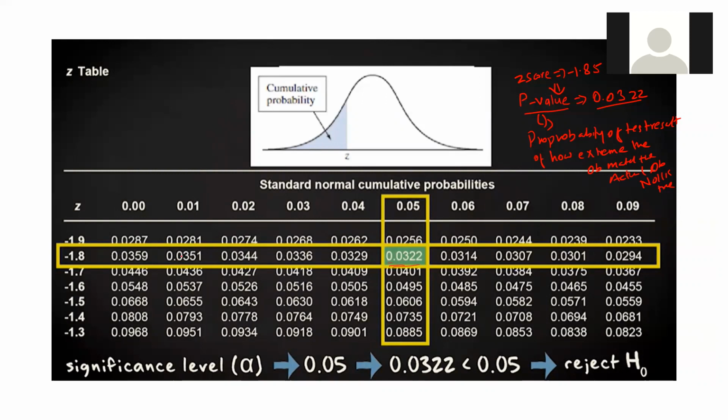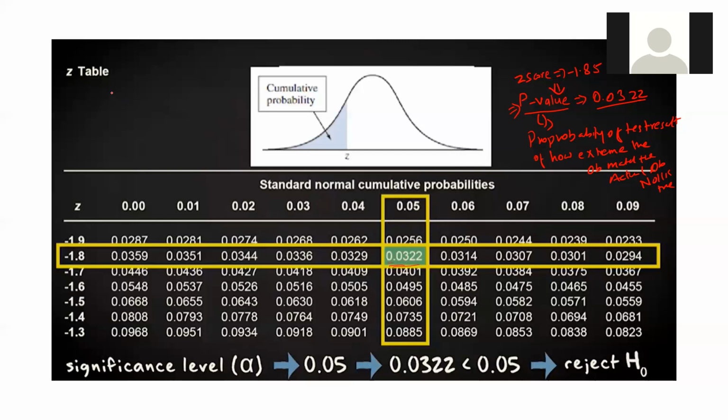If you look at the z-score of minus 1.85, 0.0332 is your p-value. Remember, whenever we look at the z table, whatever value we get is your p-value.